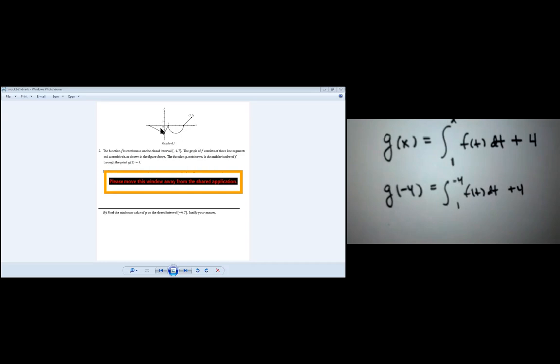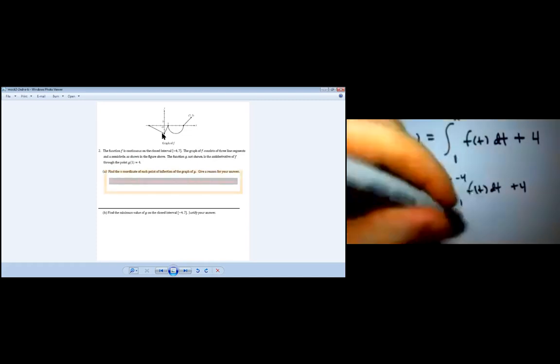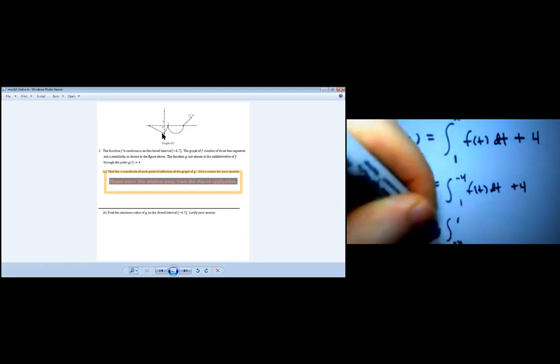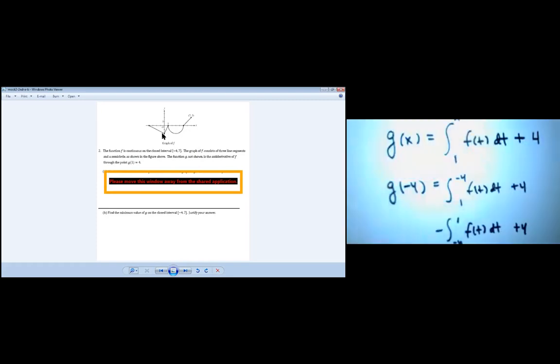That's 5 by 2 is 10, cut in half is 5. It's underneath the axis, so it's -5. But since my bounds are flipped around, I need to flip them and toss a negative sign out front. So the integral from -4 to 1 is -5, which makes it +5, plus 4. Are we on board with that being 9?